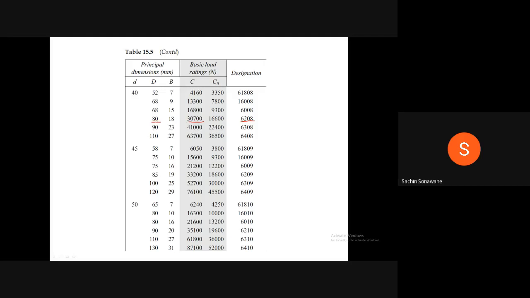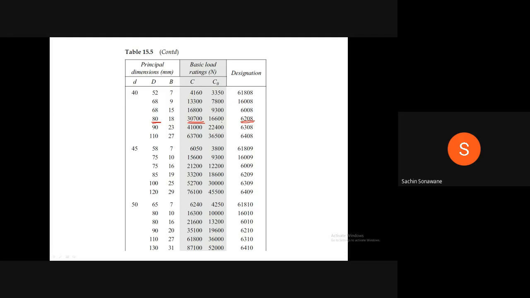This bearing number, 6208, has a dynamic load capacity of 30.7 into 10 raised to 3 Newton, which is nearly equal to our calculated dynamic load capacity. Therefore, we will select this 6208 bearing because its dynamic load capacity is nearer to the calculated dynamic load capacity.